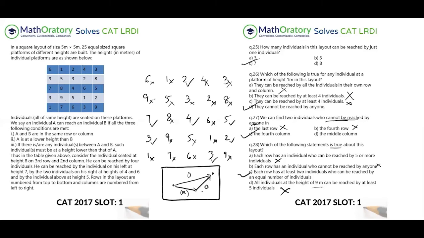Now let's analyze this. Okay, so this is a pure example of a DI, because DI is not only bar graphs or pie charts and stuff. The way I categorize a DI is those kind of sets where you don't have to solve anything in the set itself.